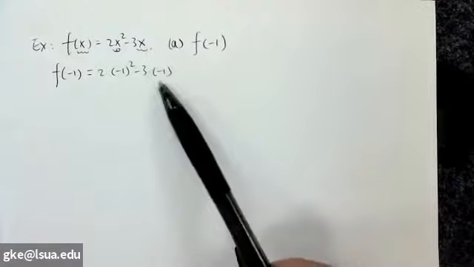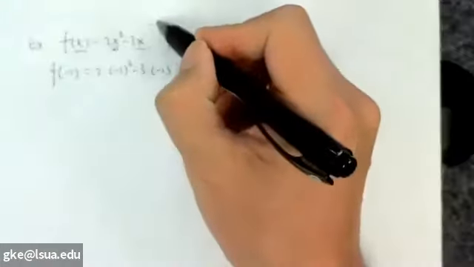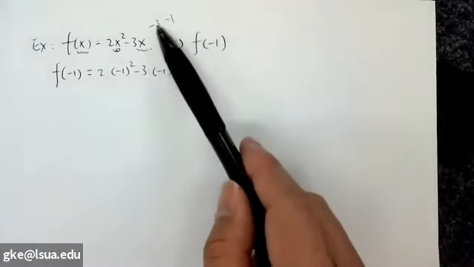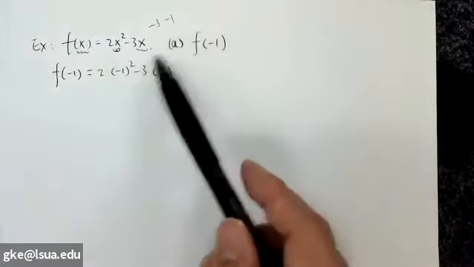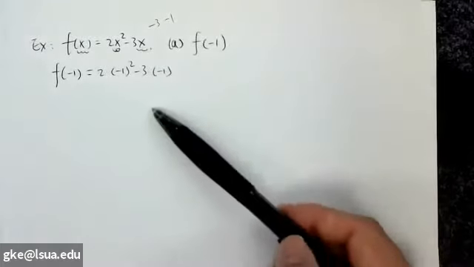Use the parentheses. If you don't use parentheses, it's going to look like -3 minus 1, which would be -4, right? So how can you tell whether it's multiplication or subtraction? You can't tell.